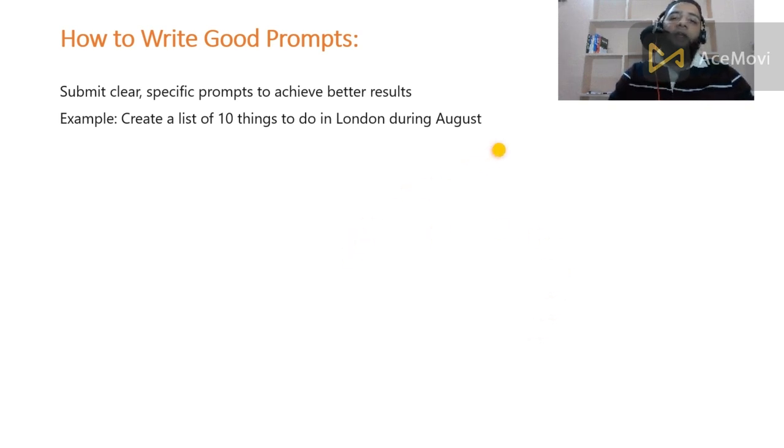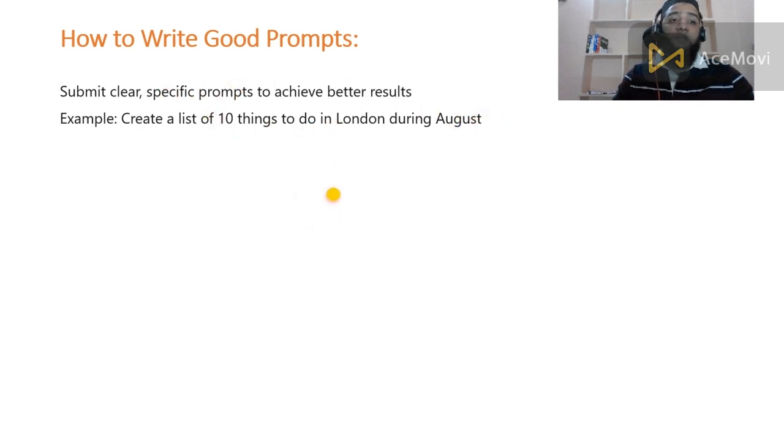Let's say you have landed in London in the month of August and you're not sure what you can do there. Then probably you can type in this prompt. The unclear or ambiguous prompt in this case could have been: create 10 things to do in London. This would have written 10 things which might not have been relevant for the month of August.